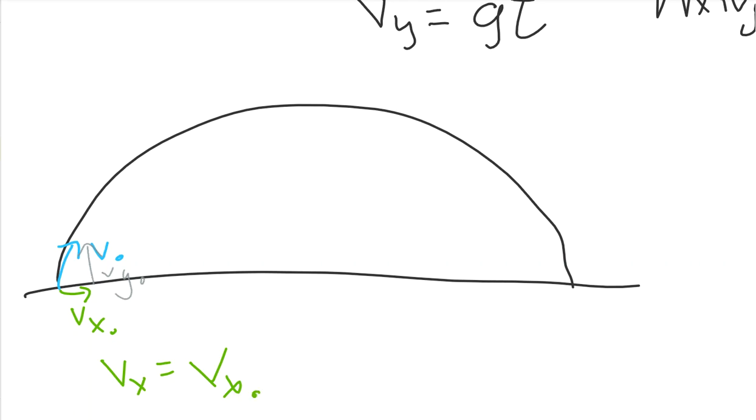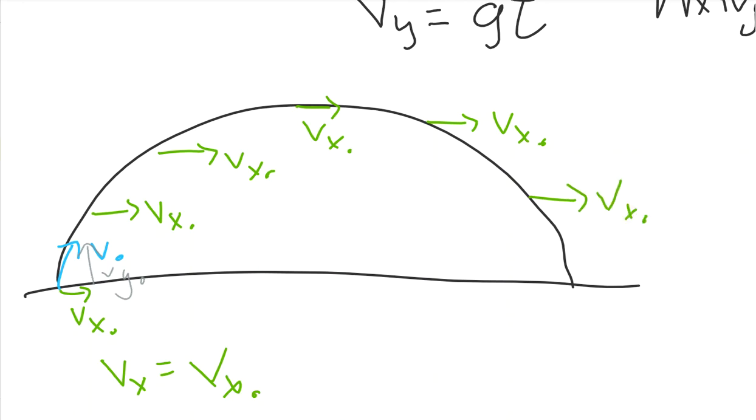It's never going to change. Here it's still Vx0, here it's still Vx0, at the top it's still Vx0, all the way through the entire path. No matter where you are, that initial x velocity remains the same because there is no acceleration in the x direction. But in the y direction, there is acceleration.